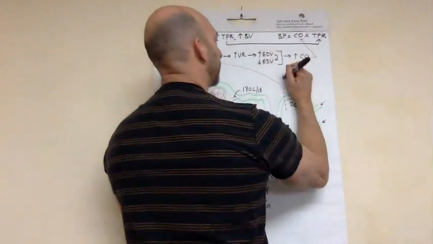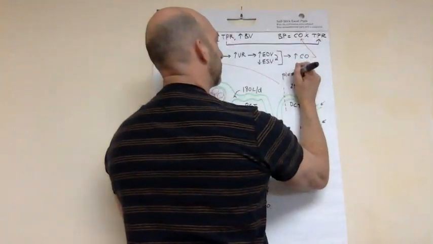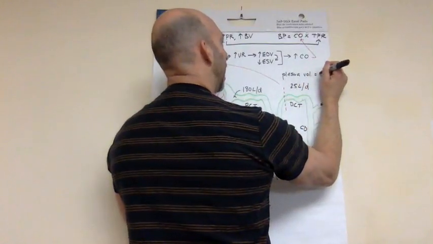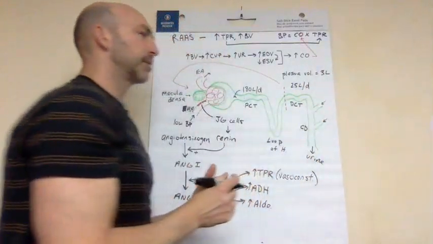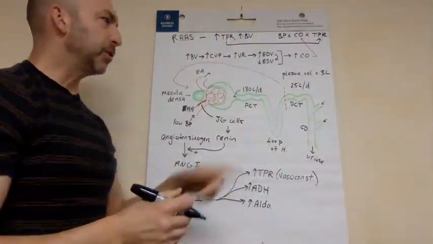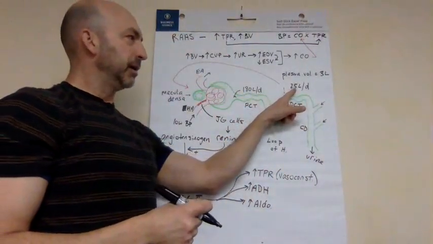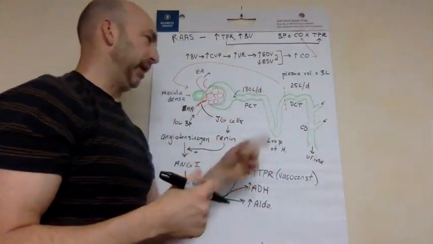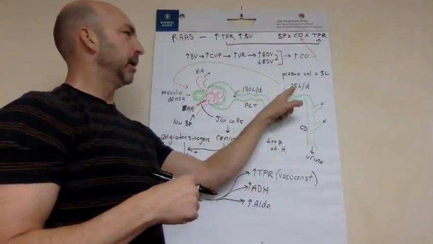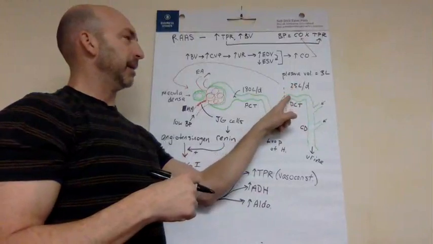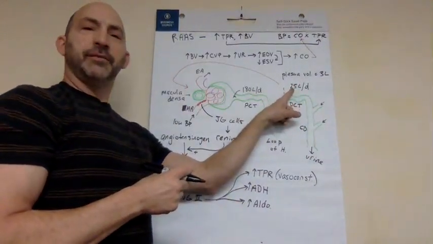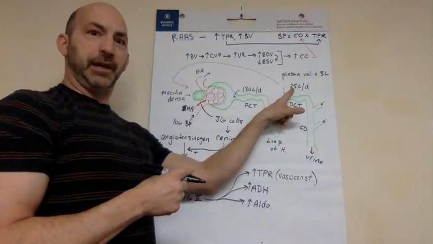Plasma volume equals about 3 liters, right? So we could do a 5% tweak, you could do a 1% tweak, but a 5% tweak on what you reabsorb at the DCT and collecting duct. 5% of 25 liters is significant, right?